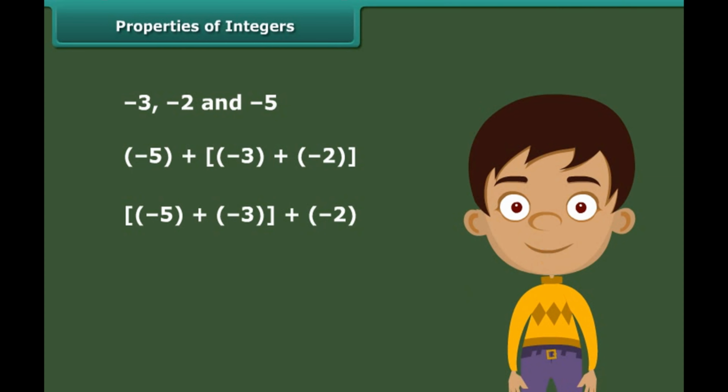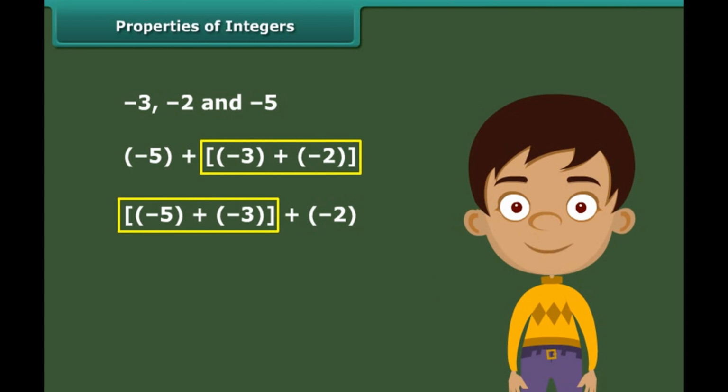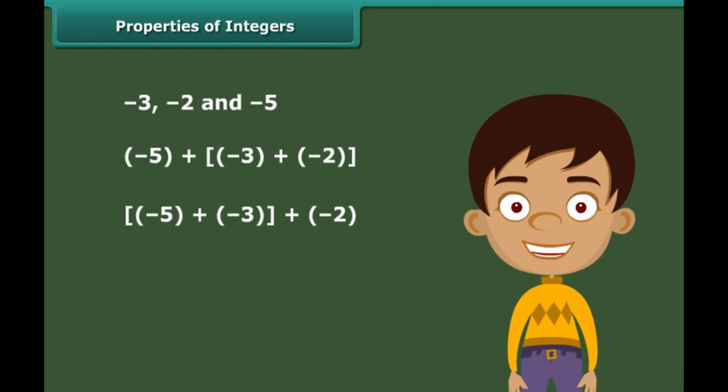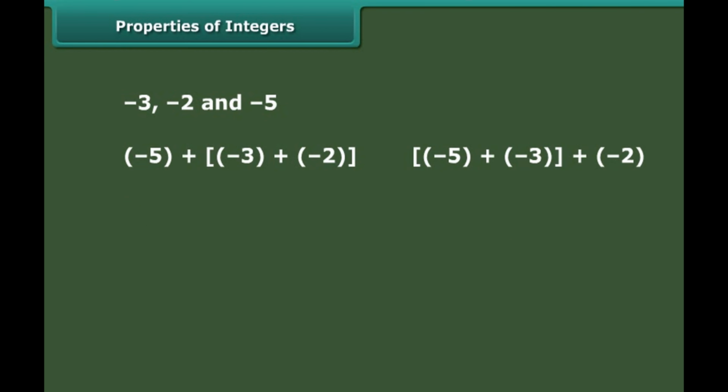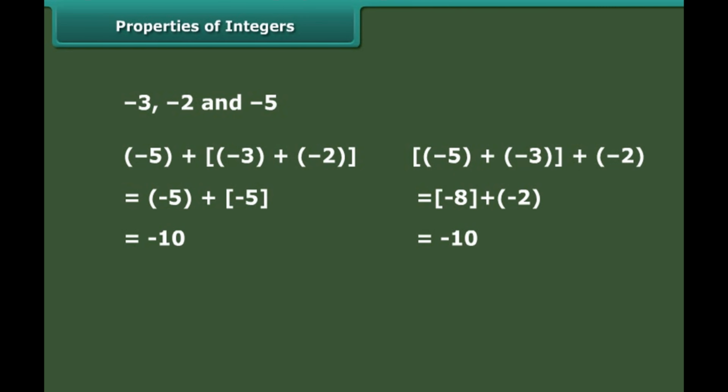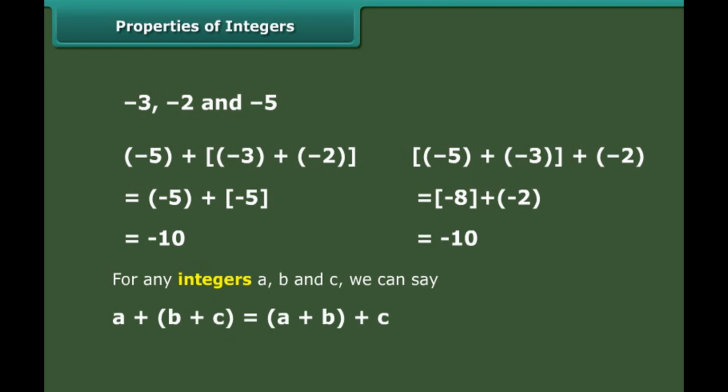In the first sum, minus 3 and minus 2 are grouped together, and in the second, minus 5 and minus 3 are grouped together. In both these cases, we get the answer as minus 10. This shows that addition is associative for integers. In general, for any integers a, b and c, we can say a plus b plus c is equal to a plus b plus c, with the brackets grouped differently.